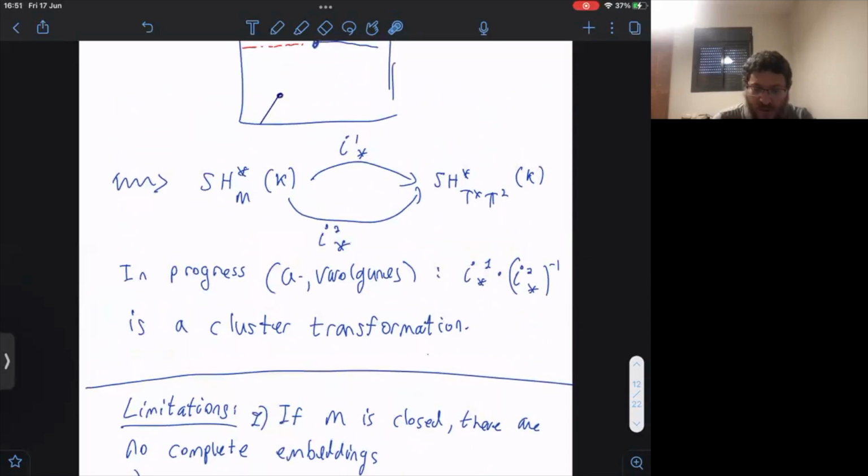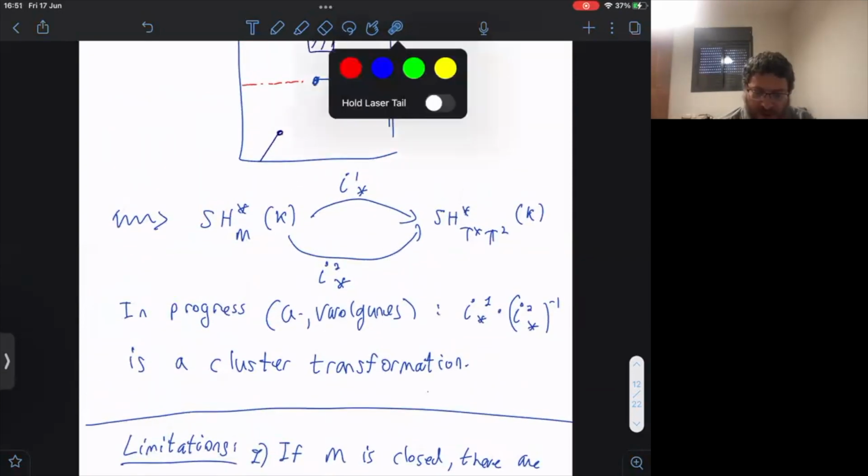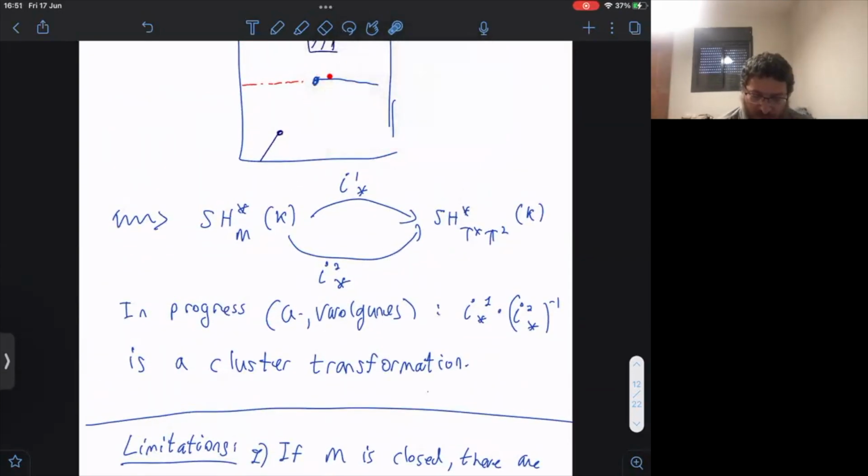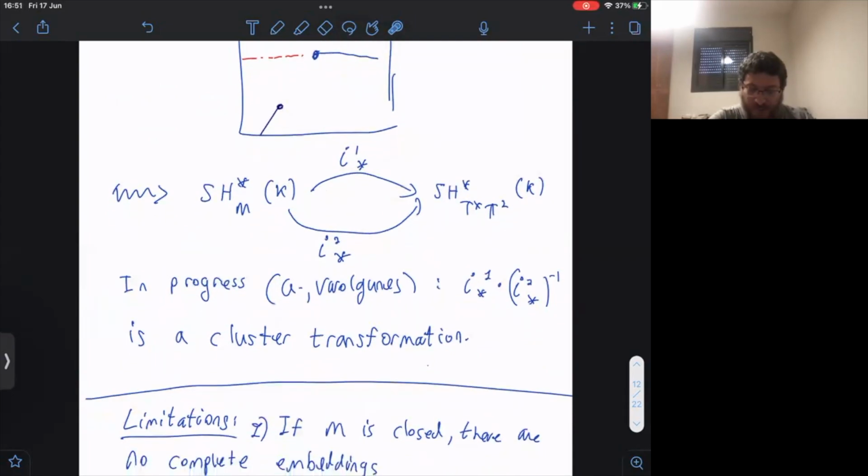But if you want to study the relative SH of a neighborhood of a singularity, then you don't have something to start with. Even the case where you just have this one singularity and it's completely local, there's still a lot of work to understand what is the relative SH of the neighborhood of the singularity, rather than something contained in the complement of the neighborhood.